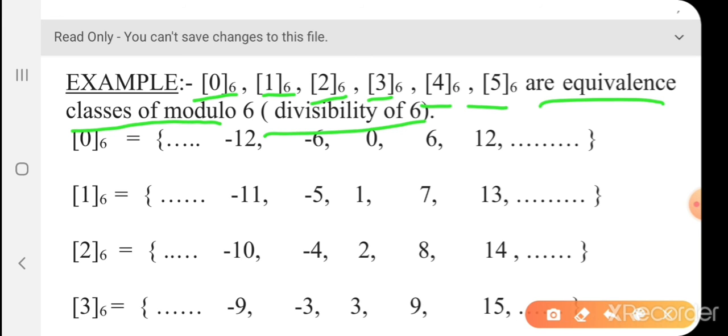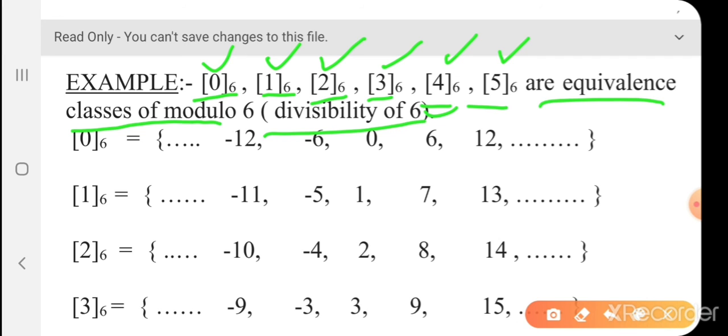That means when a number is divided by 6, the numbers which give remainder 0 form the 0 equivalence class. The numbers which give remainder 1 form the 1 equivalence class. The numbers which give remainder 2 form the 2 equivalence class. Likewise, remainder 3 is the 3 equivalence class, remainder 4 is the 4 equivalence class, and remainder 5 is the 5 equivalence class.